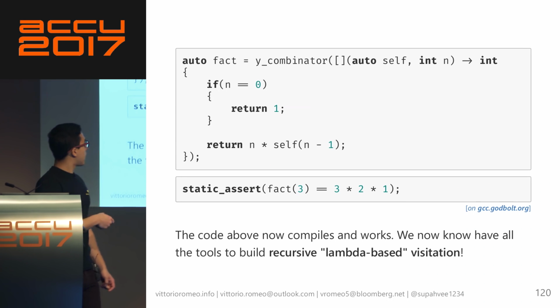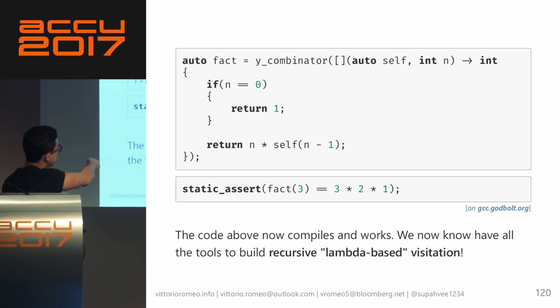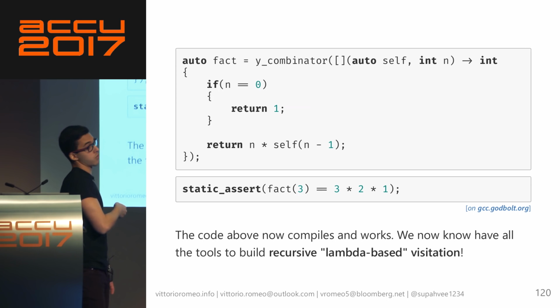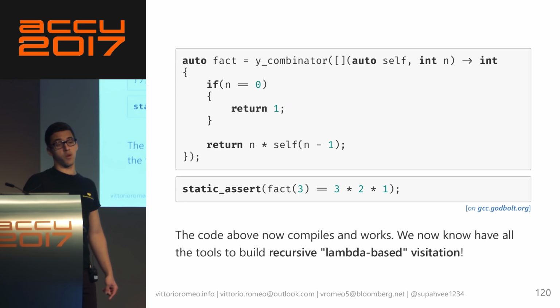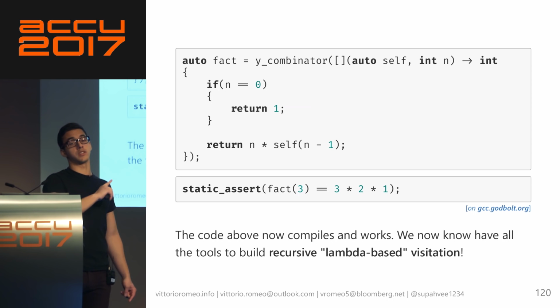Cool. So now that we have Y combinator, we can write this, which is a definition of factorial that recursively calls itself. And the code now compiles, works, and doesn't have any extra overhead. I have some benchmarks on my website of this versus std::function.